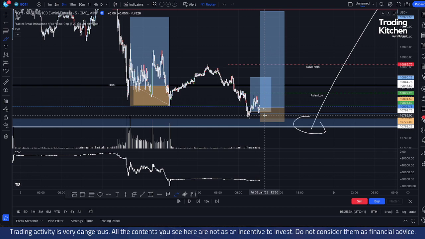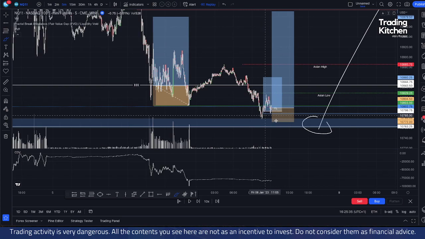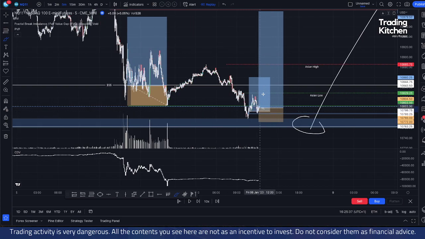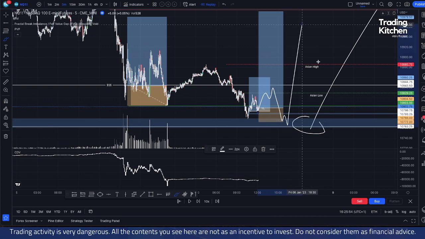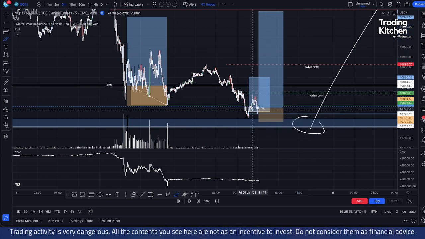So what could probably happen is the price moves just a little bit up, and you say, okay, it's done. Then on the US opening, price takes our stop loss, manipulation, and then boom. This is something that usually happens during the US session, the US opening.